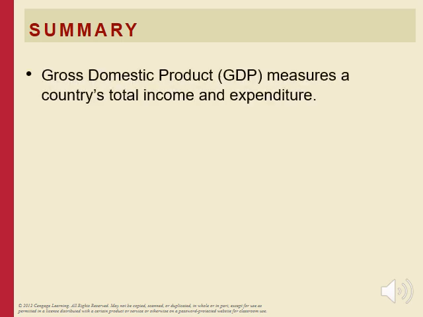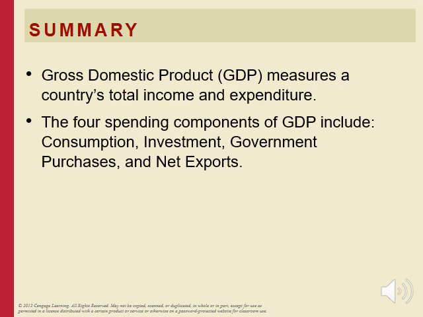In summary, gross domestic product, or GDP, measures a country's total income and total expenditure. The four components of GDP, or expenditure, include household consumption, business investment, government purchases, and net exports. Nominal GDP is measured using current market prices.